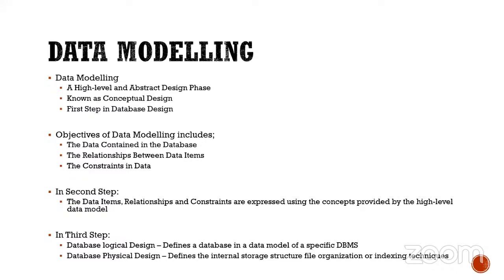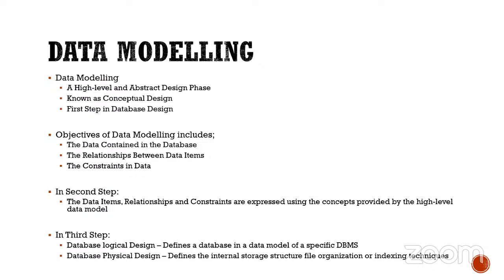capturing the data content in the database. What are the things that you are to include in your database? What data do you intend to include? That's one. Two, relationship between the data items.